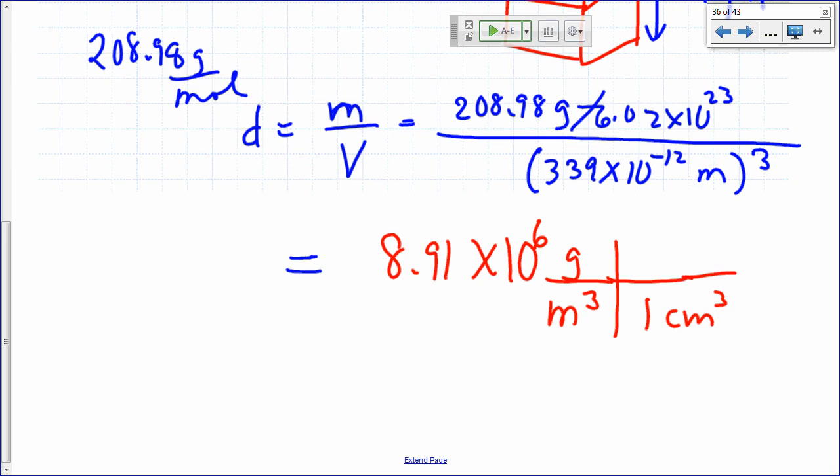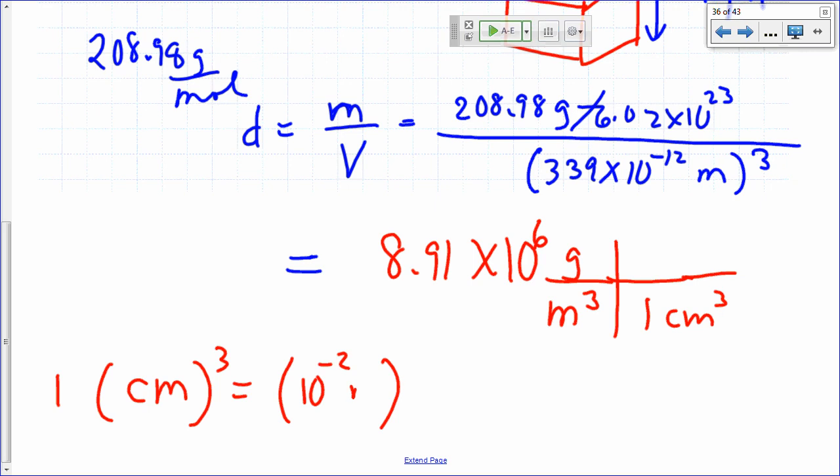Here's a quick way to convert. 1 centimeter cubed is equal to, what's a centi? Centi means 10 to the negative 2 or 0.01, right? So 1 cubic centimeter is 10 to the negative 2 meters cubed. So that allows you to do your conversion quickly.